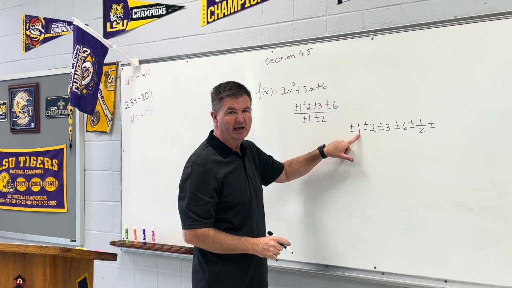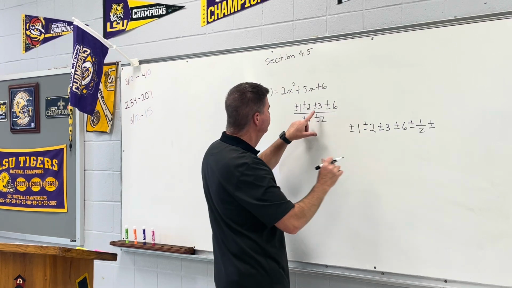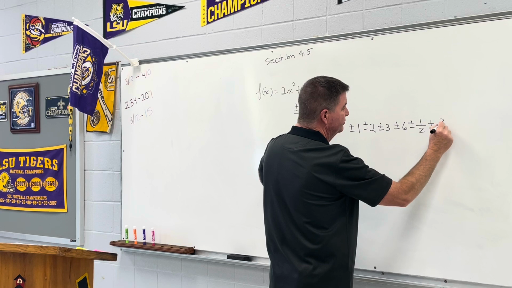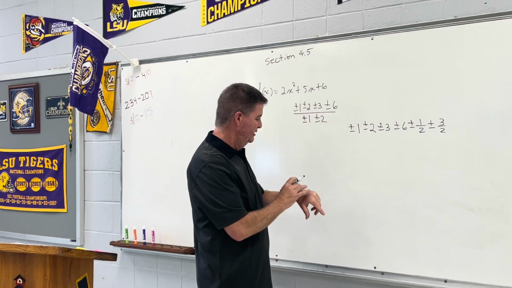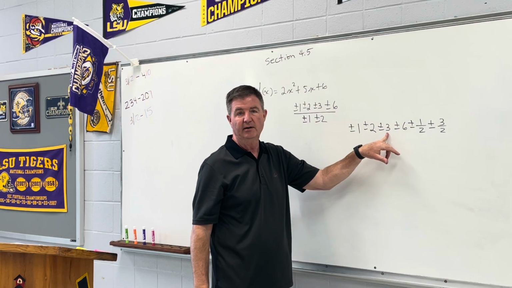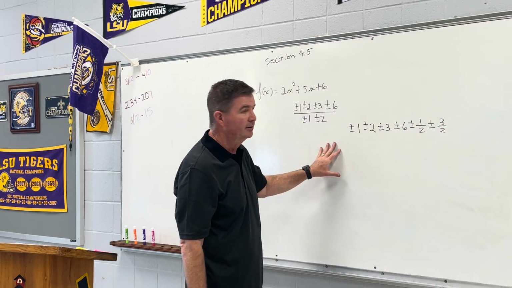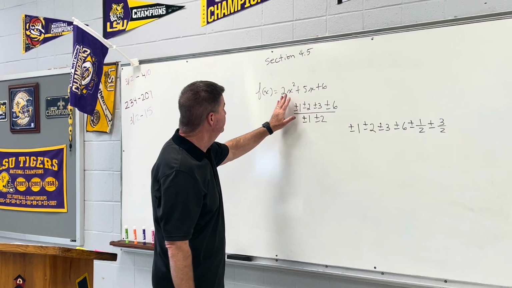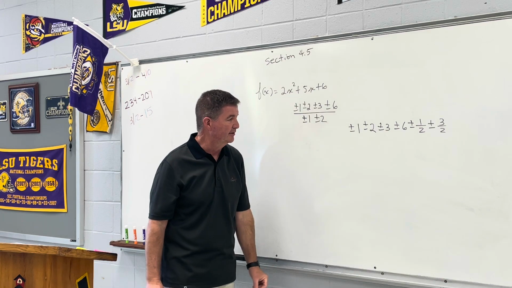It's 1, so I'm not going to include it. I'm not going to write it down twice. Plus or minus 3 over 2, and then plus or minus 6 over 2. But again, 6 over 2 is 3, so I'm not going to write it twice. So these would be my possible solutions to factoring this.